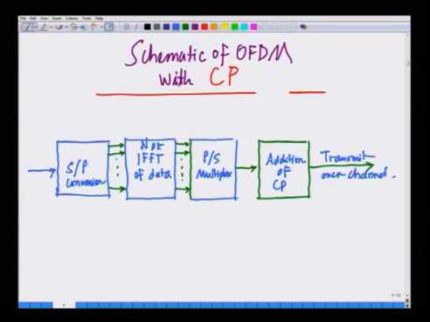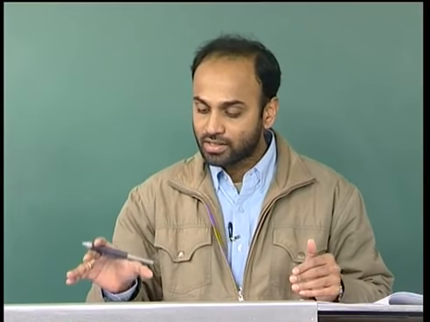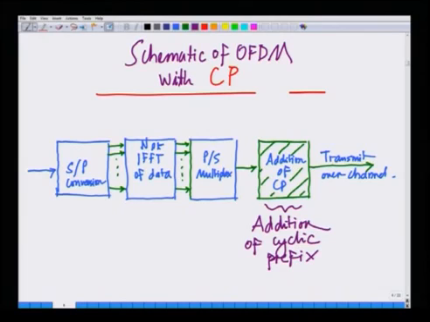The new block essentially is this block over here, which corresponds to addition of the cyclic prefix. We said this block is the key block to limit the intersymbol interference to symbols of the same OFDM symbol, which essentially results in the performance gains at the receiver. All right, so this is the transmission schematic with the addition of the cyclic prefix.